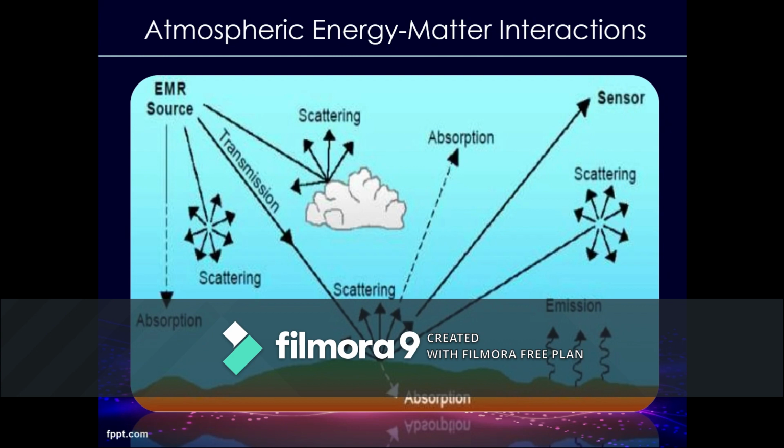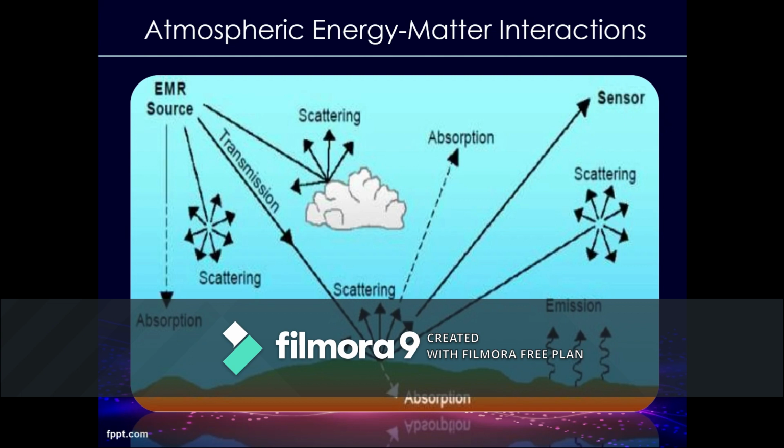Next is how the interaction goes on from the source. Electromagnetic radiation comes to the surface through the atmosphere. When it comes through the atmosphere, there are many processes going on, absorption, scattering, all these things, and from the surface it is reflected to the sensor, and it goes through the atmosphere again.